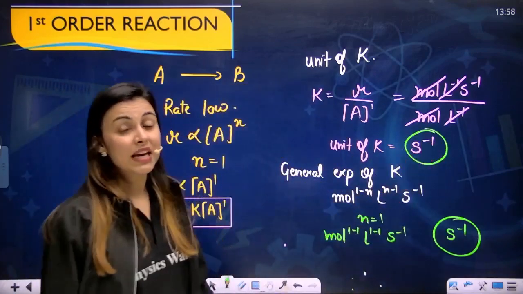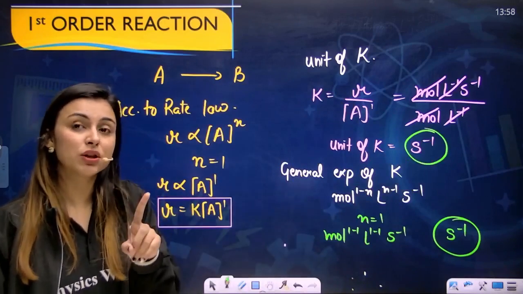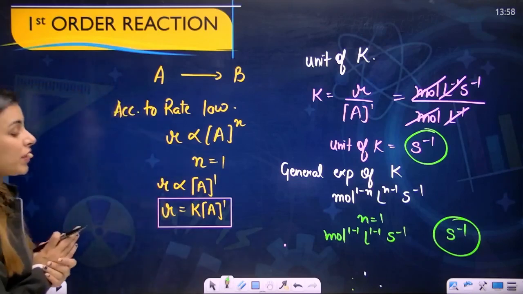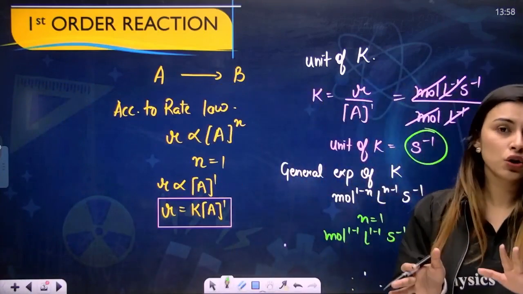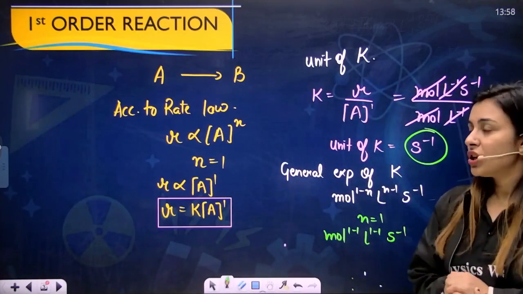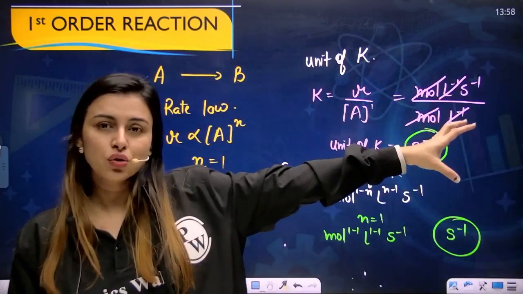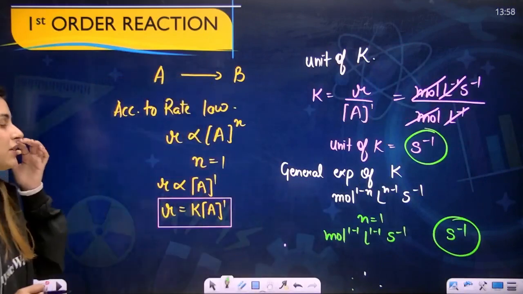They both match, which means it is absolutely correct. Perfect, my dear students. This is how we cross check whether the unit we have calculated is correct or not. This was the first part that we calculated for zeroth order also, and we have calculated for the first order also. So please write it, and then we'll move forward.